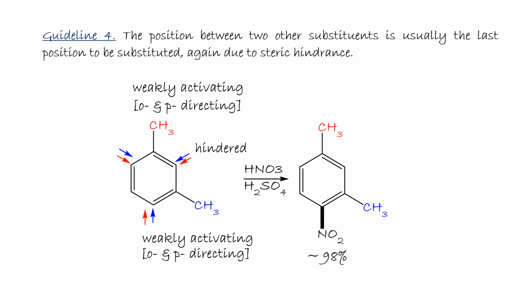Guideline 4: the position between two other substituents is usually the last position to be substituted, again due to steric hindrance. We have here a methyl group, and we have here a methyl group. So this is ortho, para, and this one is ortho, para.